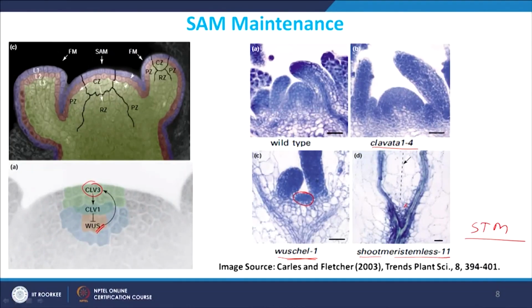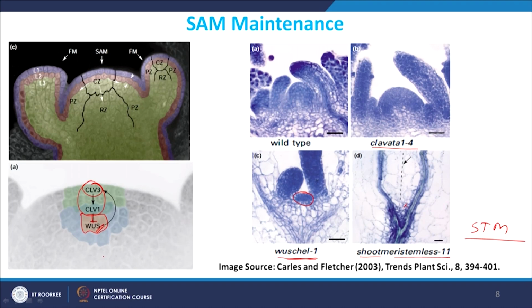Once CLAVATA3 is on, CLAVATA3, which is a kind of signaling peptide, is received by the receptor CLAVATA1, and once this signaling is activated, it inhibits the expression domain of WUSCHEL. The CLAVATA signaling pathway ensures that the WUSCHEL expression domain is restricted.